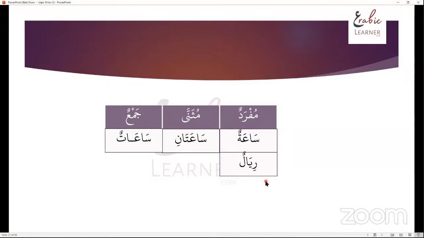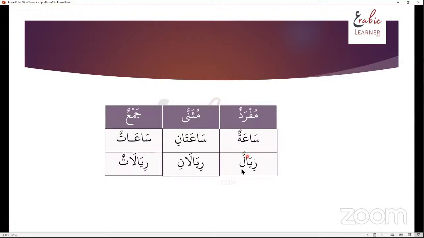Riyal is a currency of Saudi Arabia. Now, the dual of that is again jama salim, so you say riyalani. When it comes to jama, it is riyalatun. Riyalun, riyalani, riyalatun.